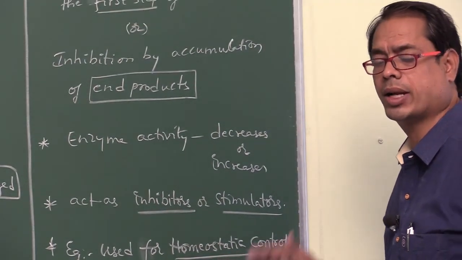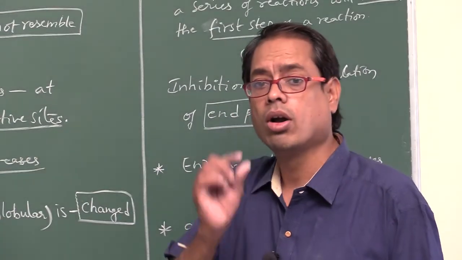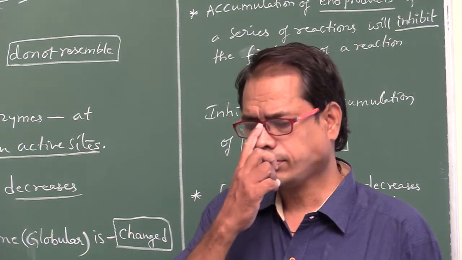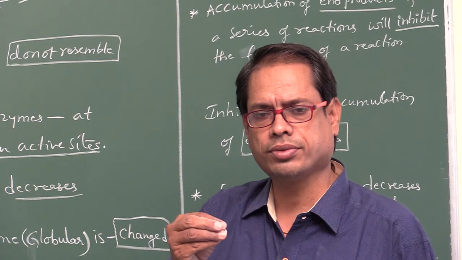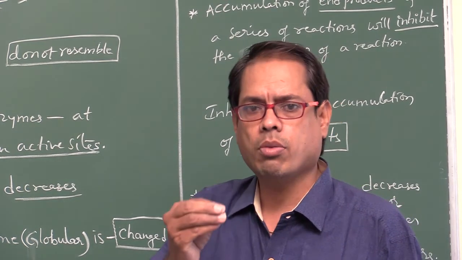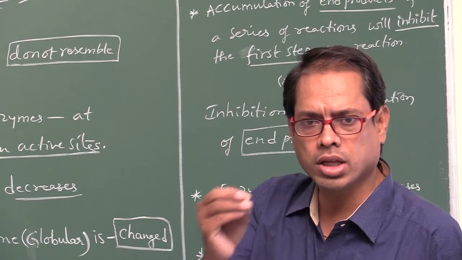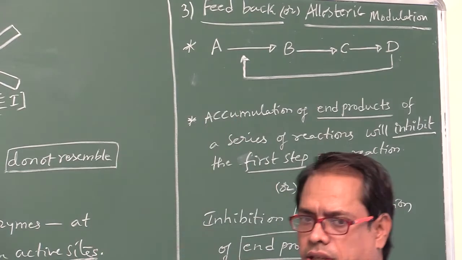Control of bacterial pathogens is an example of competitive inhibitors. Next, metal ions like copper, silver, mercury are an example of non-competitive inhibitors. Homeostatic control of metabolism is an example of feedback inhibition or allosteric modulation.